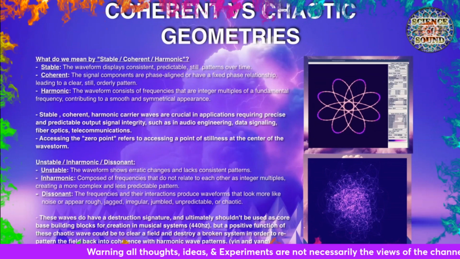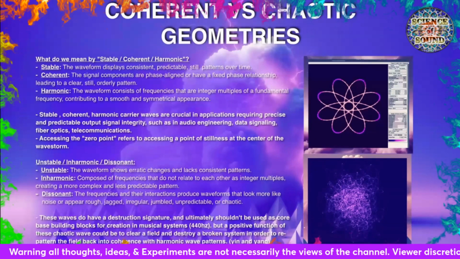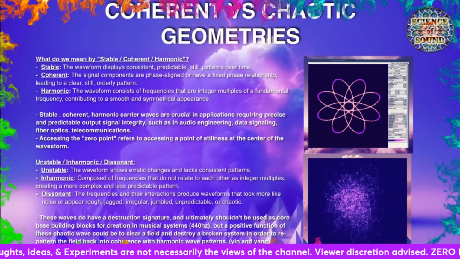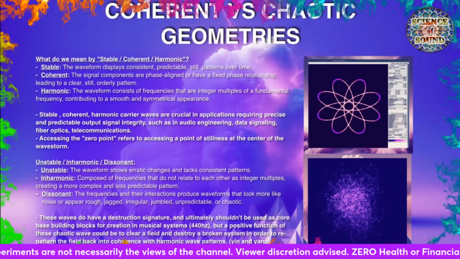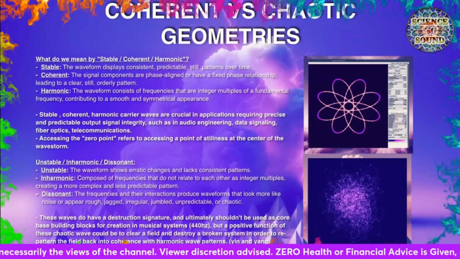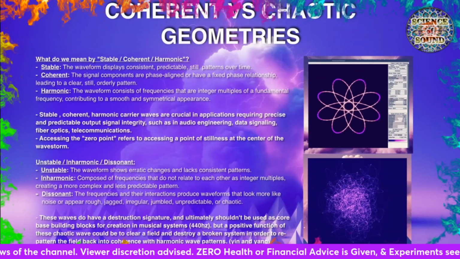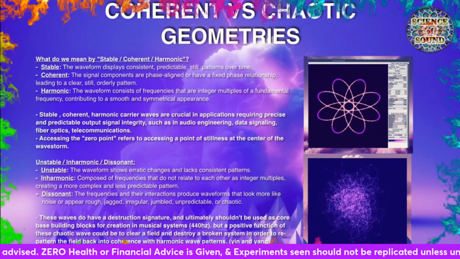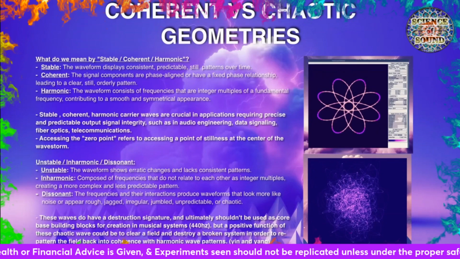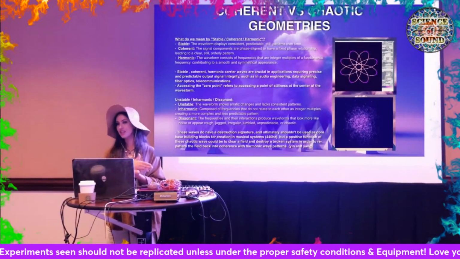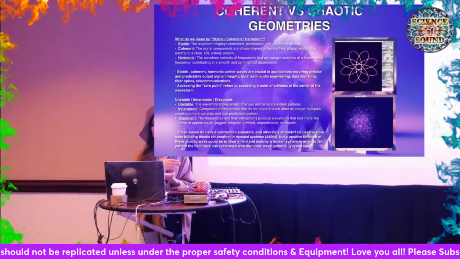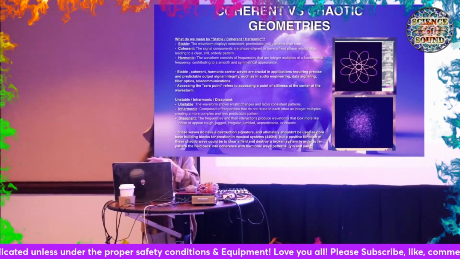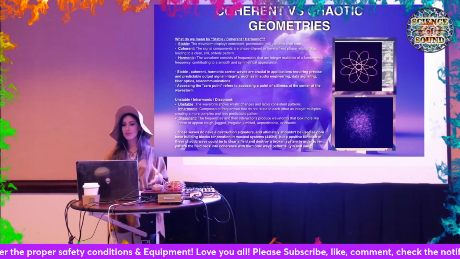And so stable, coherent, harmonic carrier waves are crucial in applications regarding precise and predictable output signal integrity, like radios, for example. We need to have a very precise carrier wave on 106.5 FM if we want to send out a signal on that station. So it's super important we know how to generate a stable sine tone wave.